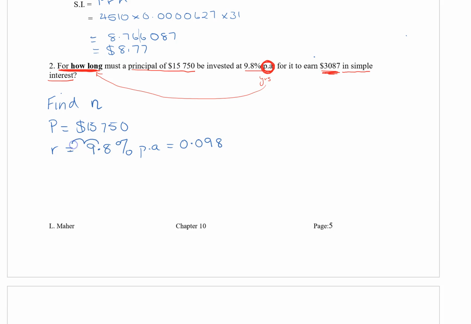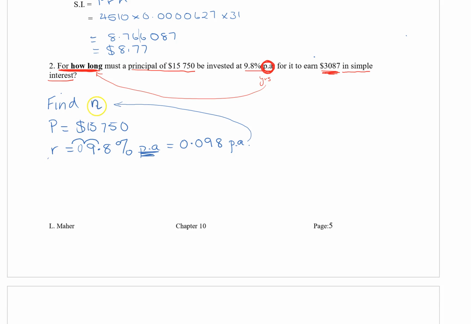Move the decimal point 2 places, which would require an additional 0. It's per annum, which means per year, which again you need to register so that you will have n in those same units.